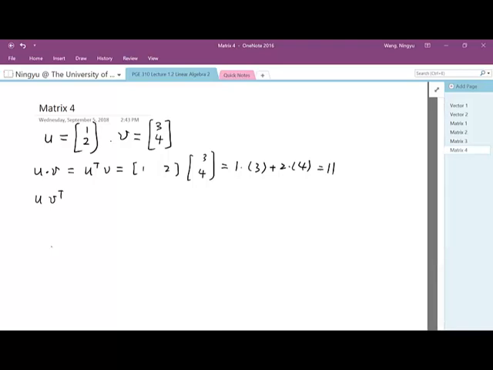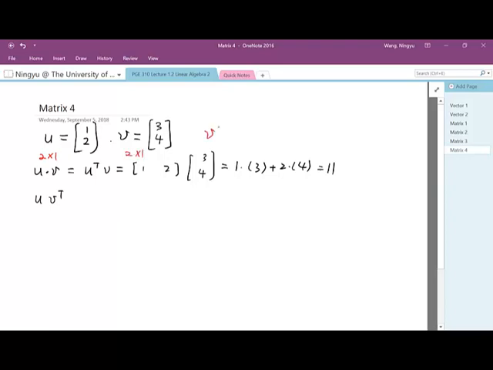What will it look like? What's the size of it? u is 2 by 1, v is 2 by 1.